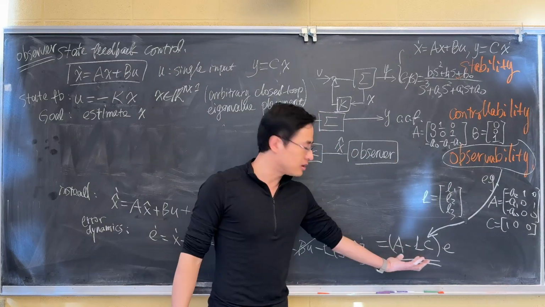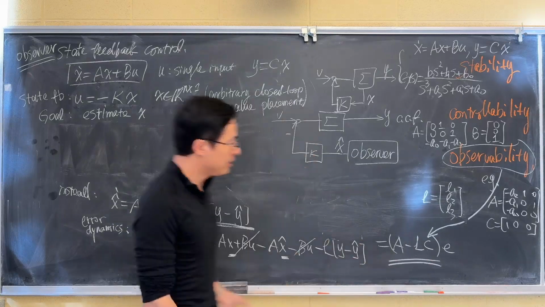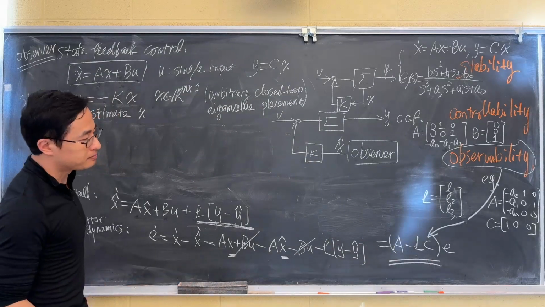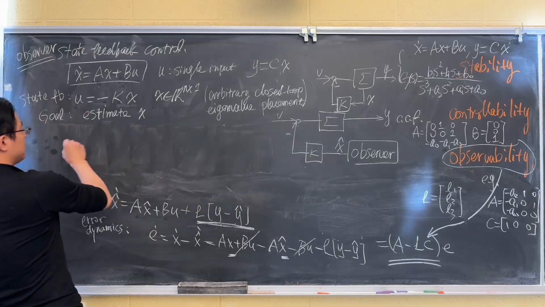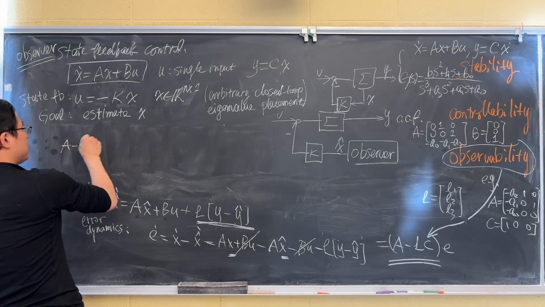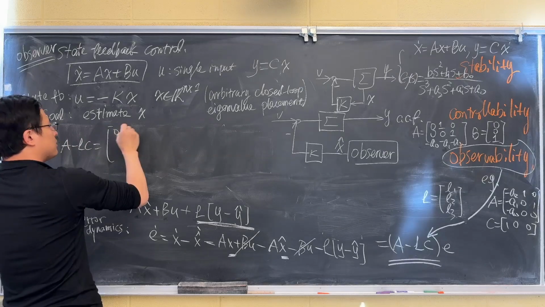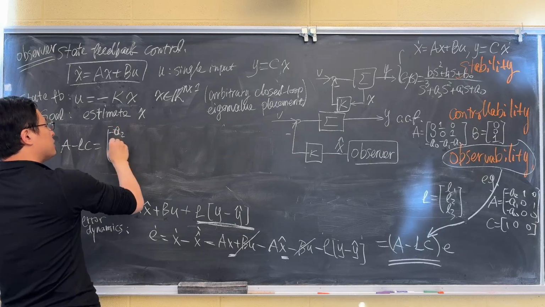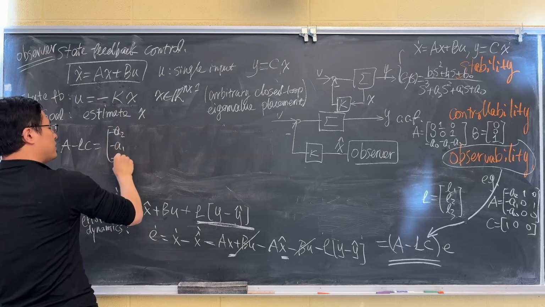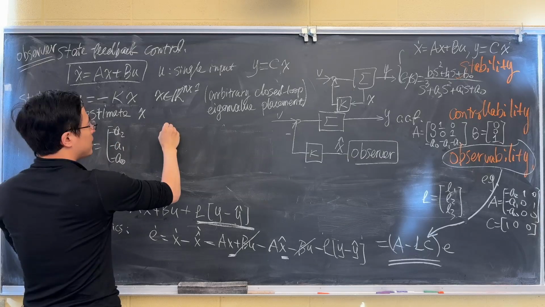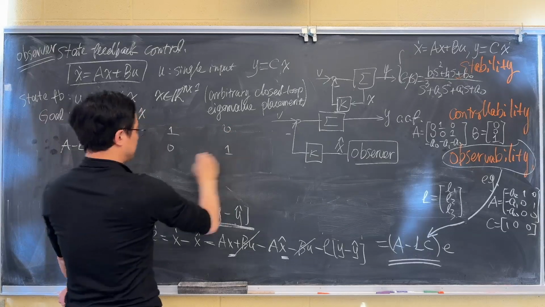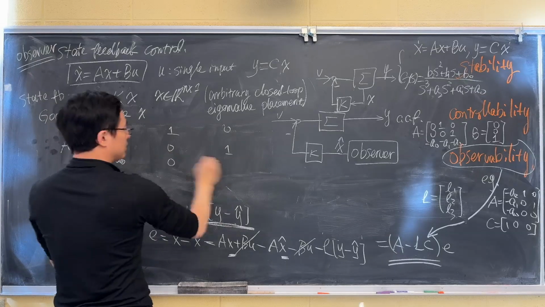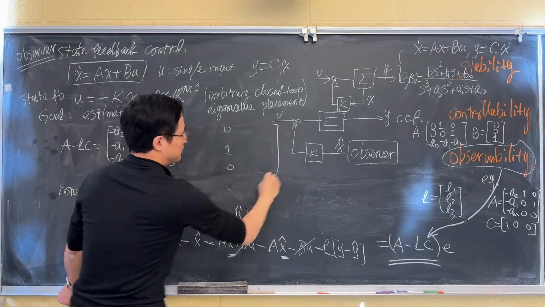That's how you can make the matrix multiplication work. Now, A, we have the structure. So A is negative a2, negative a1, negative a0, and so on. This time I'm going to write the entire matrix out in one step.